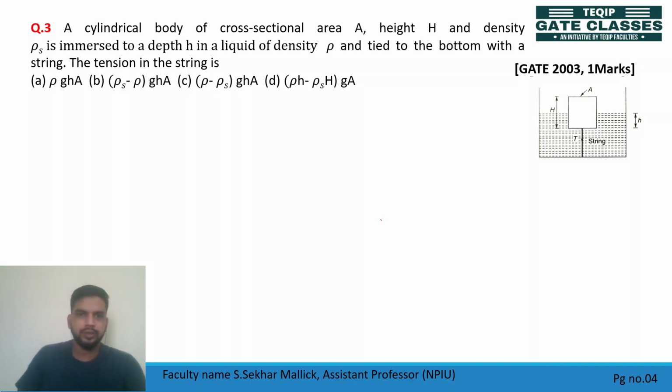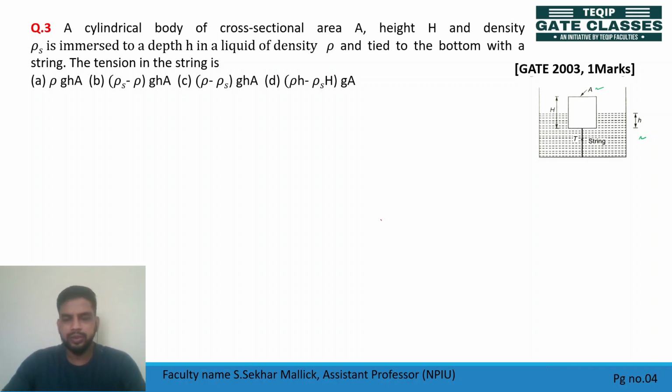So first here you have a container, and in this container there is a cylindrical body which is tied with a string to the bottom, okay, and it's floating. The height of submergence is given h, the cross sectional area is A, and the total height of the body is capital H. Now you find the tension in the string.